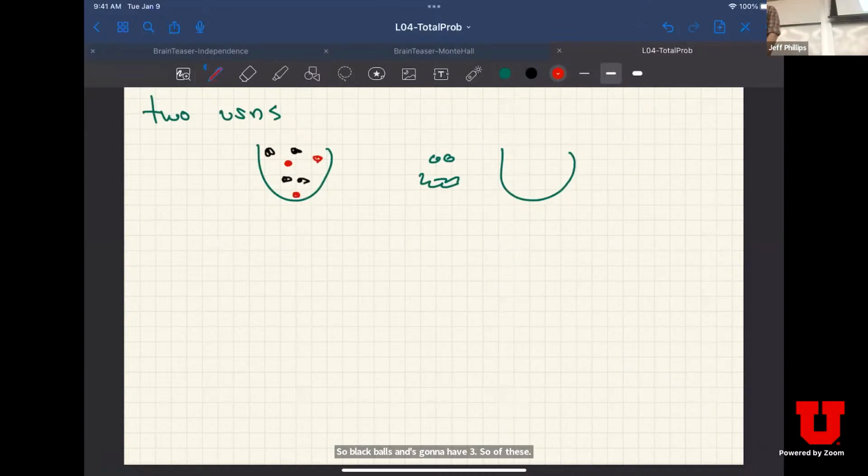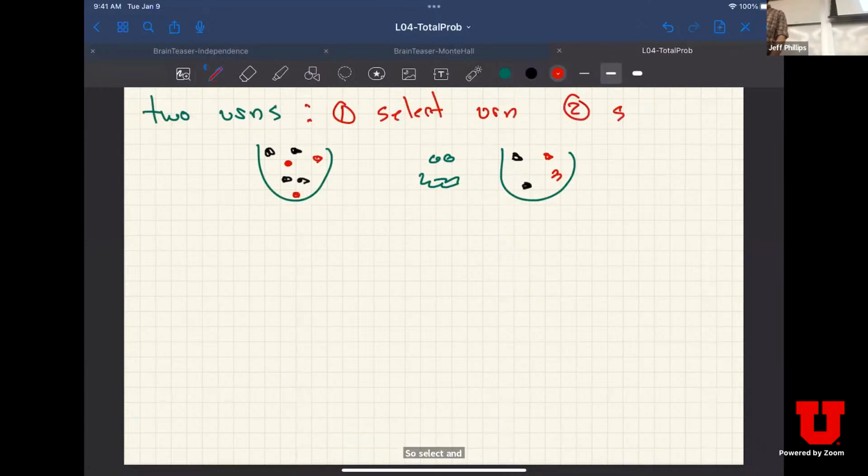The second urn has 2 black balls and 2 red balls. In step 1, I select an urn, and in step 2, I select a ball from the urn. So this is again a two-step process.